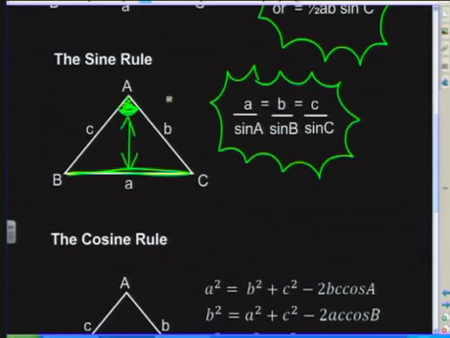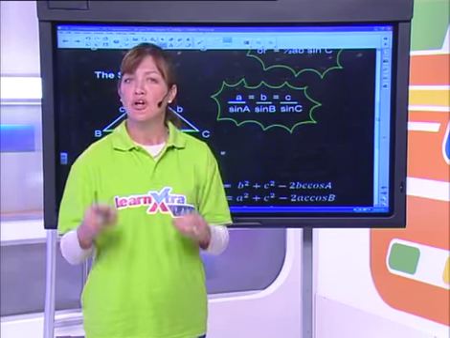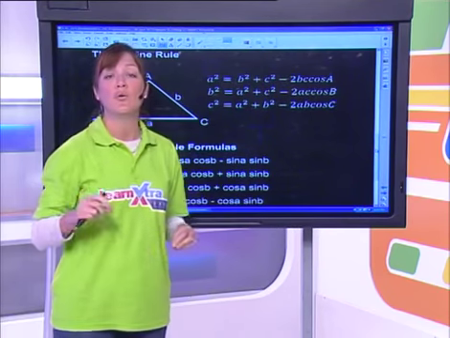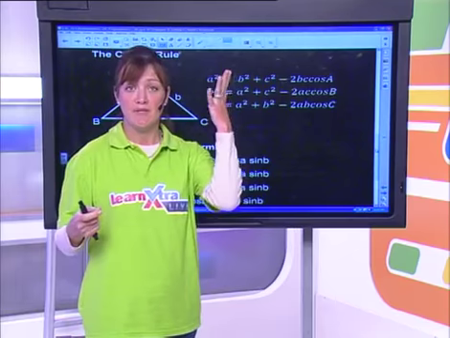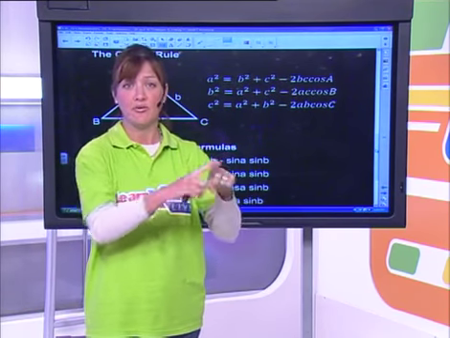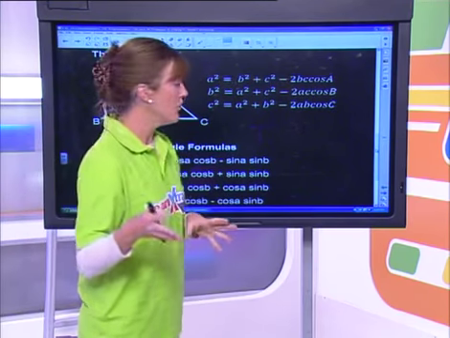If ever you have that pair, grade 12s, that's when you know that you can apply your sine rule, all right? If you don't have a pair, that is when we are going to look at applying your cos rule, okay? So a pair of an angle and its opposite side, sine rule. No pair of angle and opposite side, and then you're going to be looking at your cos rule.